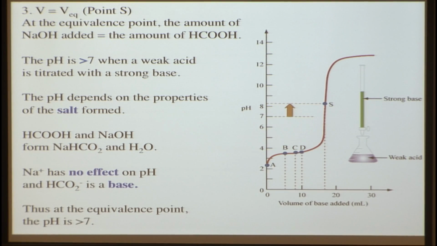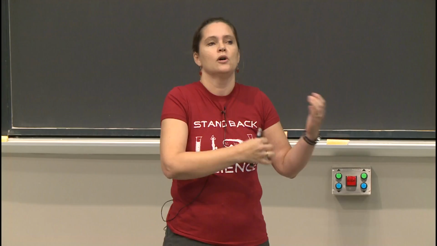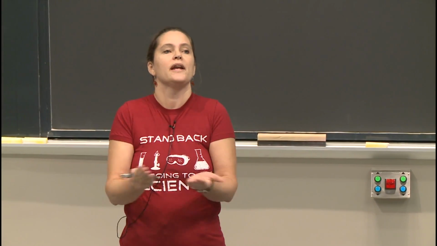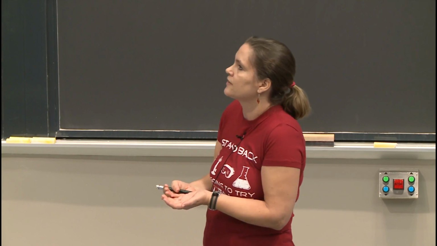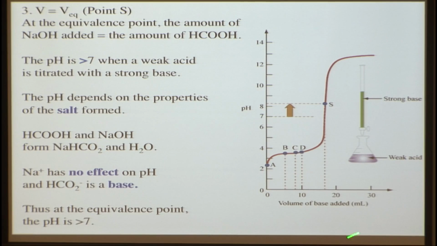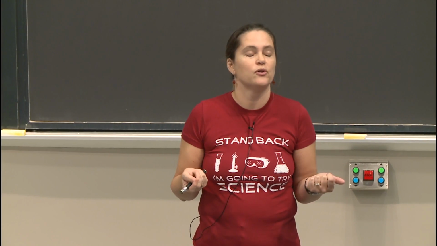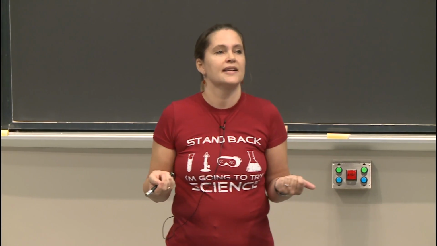Remember, salt and water problems really break down to weak acid and water or weak base and water problems, depending on what went in to form that particular salt. So when you're doing these problems, and if you're on an exam and you get to the end and you know that the pH should be greater than 7, but the pH you calculated for some reason, and you don't know where you made the mistake, is less than 7.